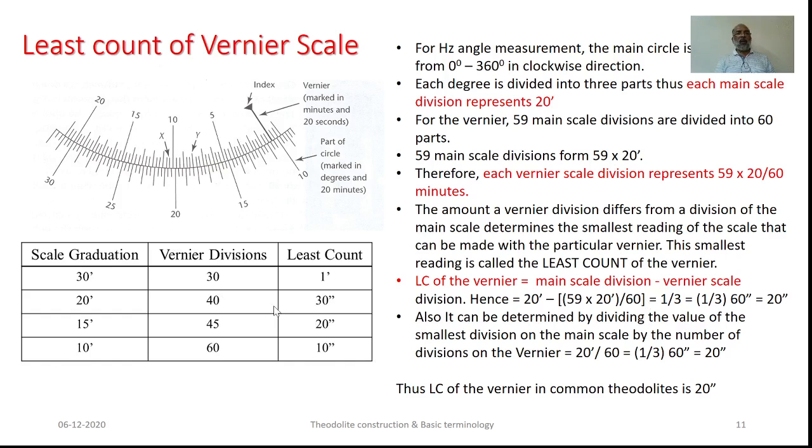There could be a variety of theodolites which may have different scale graduations as well as vernier divisions. If we follow this particular procedure, we'll be able to determine the least count of each of the equipment. The way you see here, least count could be even 1 second for some theodolites. For a routine theodolite, it could be 20 seconds, but it could also be 1 minute, 30 seconds, 20 seconds, 10 seconds.